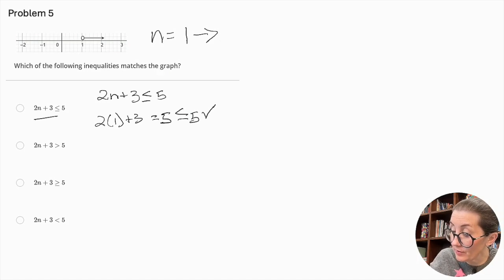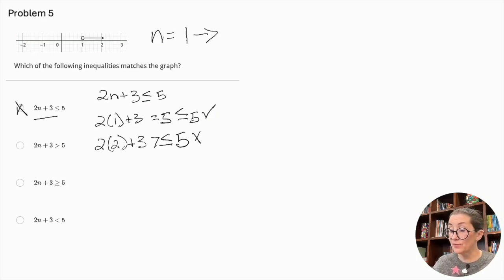So let's try it with another n. 2, 2 times 2 plus 3, and that is 4 plus 3 is 7, is less than or equal to 5, and that is not correct. So that can't be the correct answer.